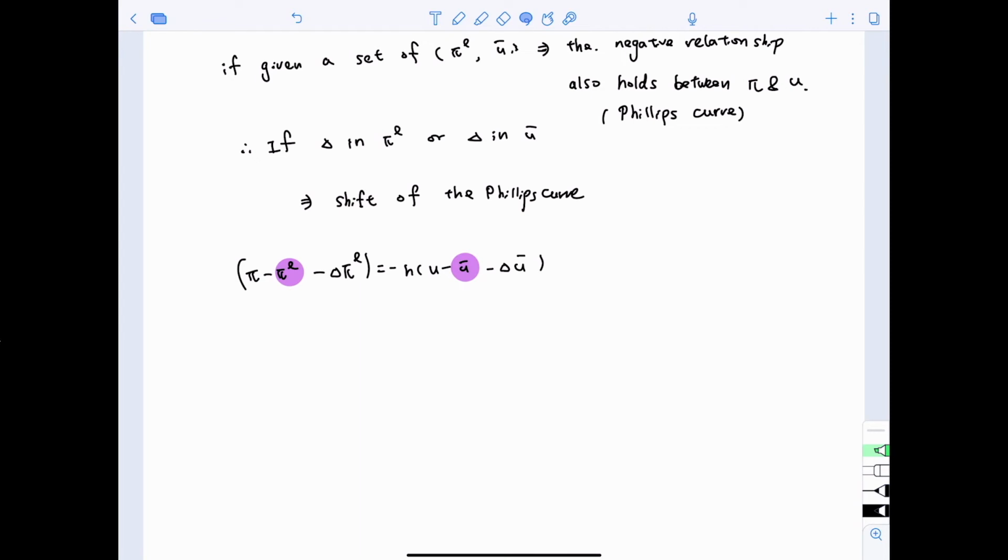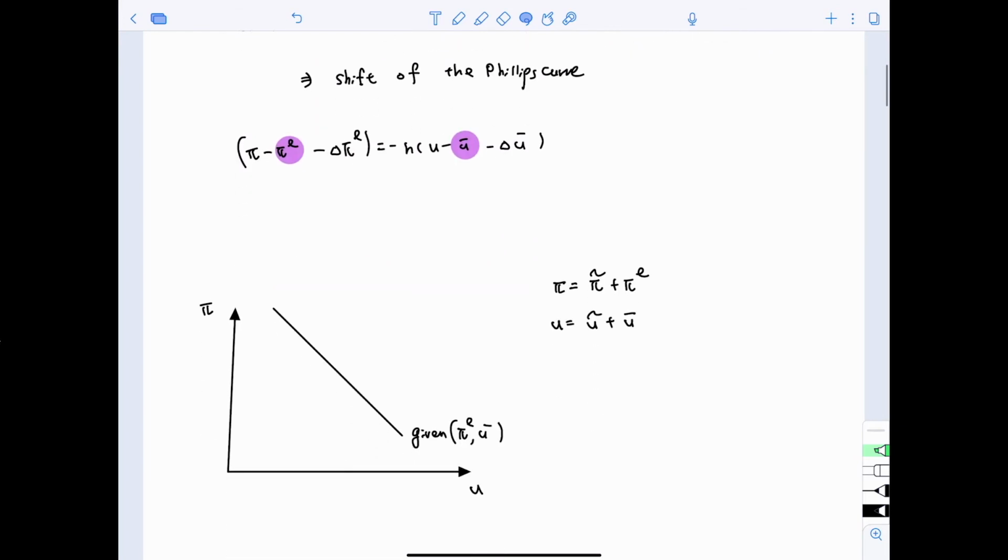Therefore, the true relationship between inflation and the unemployment rate still holds between the cyclical unemployment rate and the unexpected inflation rate. But then we need to add in another term, which is minus delta pi e for inflation rate and minus delta u bar for the unemployment rate.